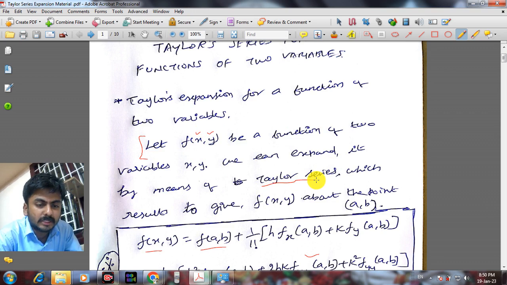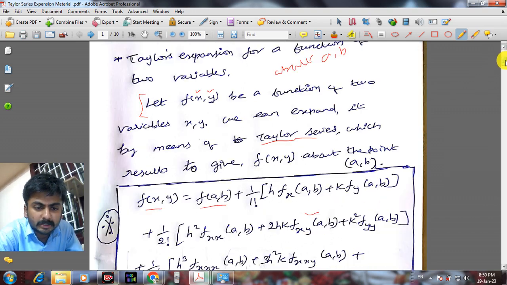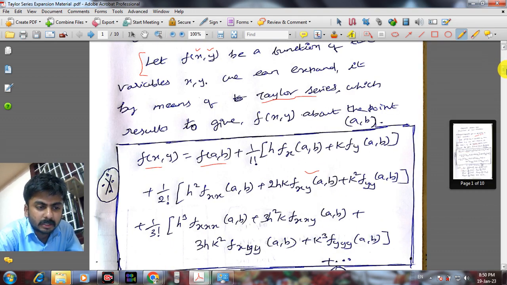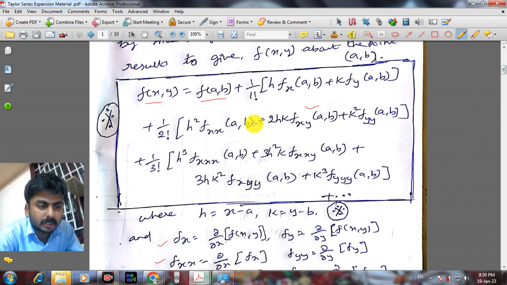Taylor is a mathematician who first expanded a series depending on the partial derivatives about the point a comma b, and such expansion is given by the equation inside a box.